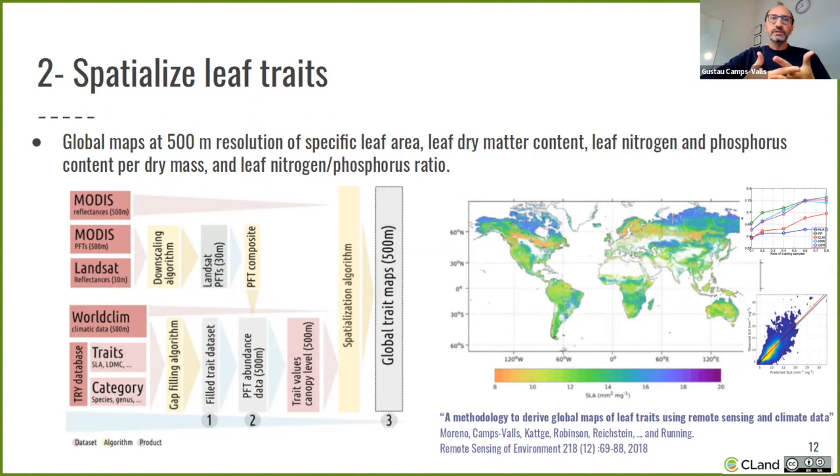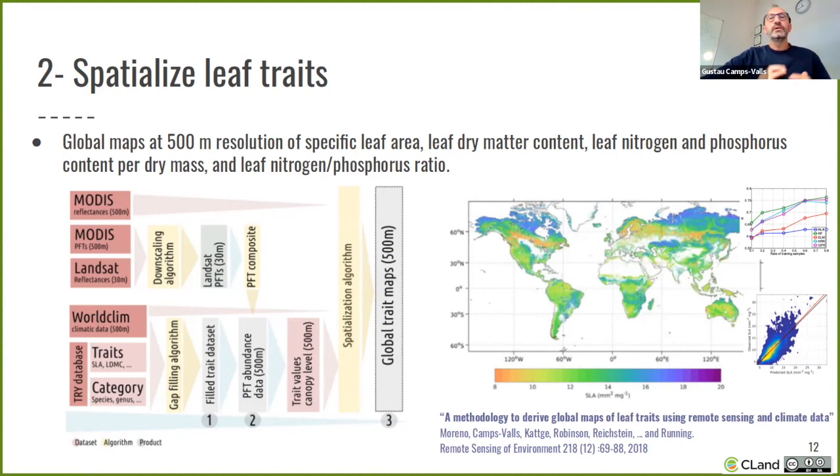So the full model is capable of exploiting observational data acquired in a database of traits called TRY, and then the exercise is pretty much the same. It's a regression problem where you depart from MODIS reflectance data and some ancillary climatic data at 500 meters spatial resolution, and then you derive these global trait maps again at 500 meters.